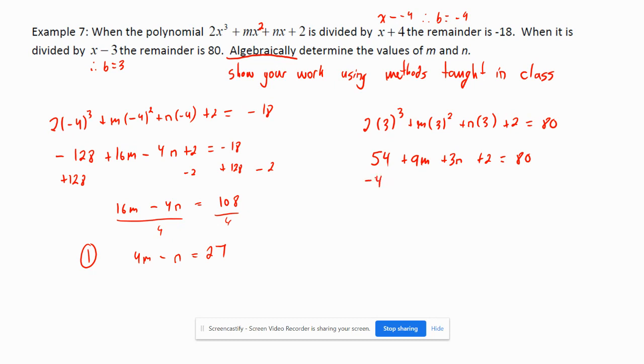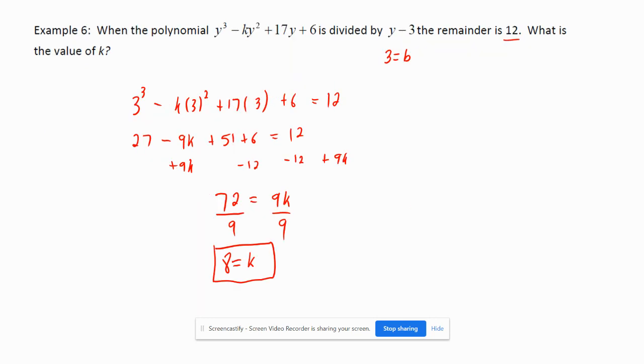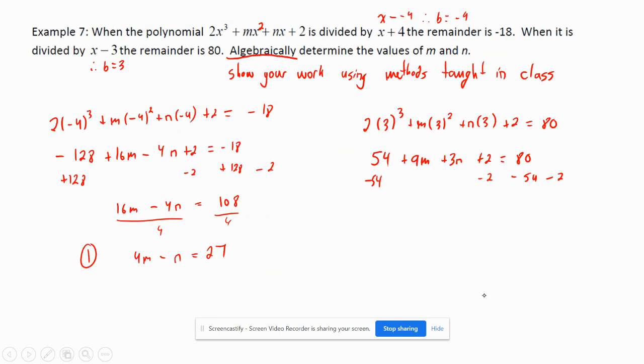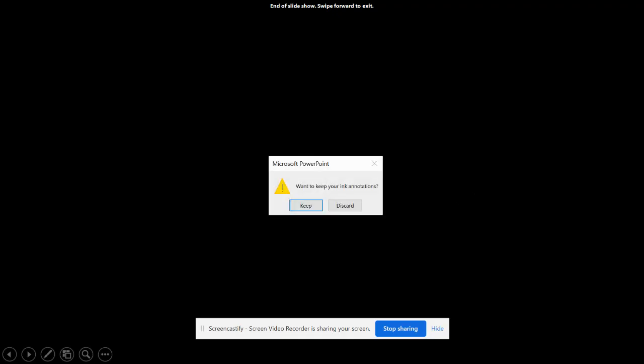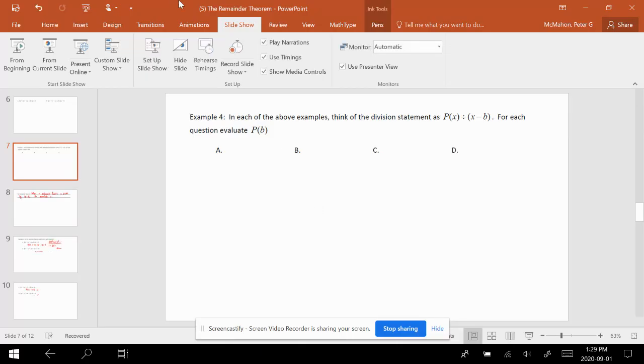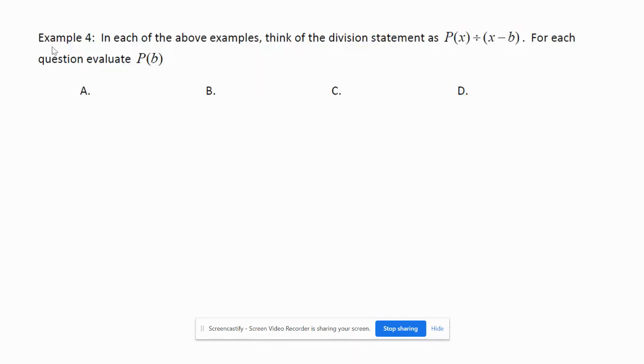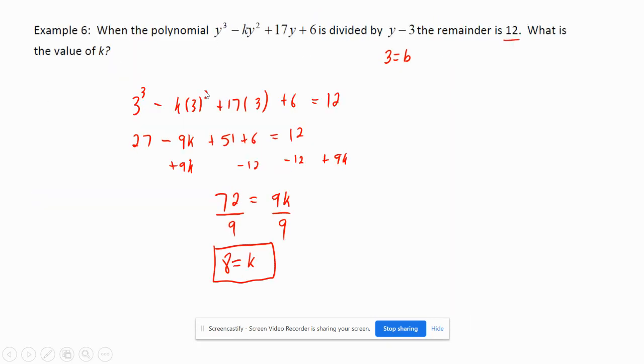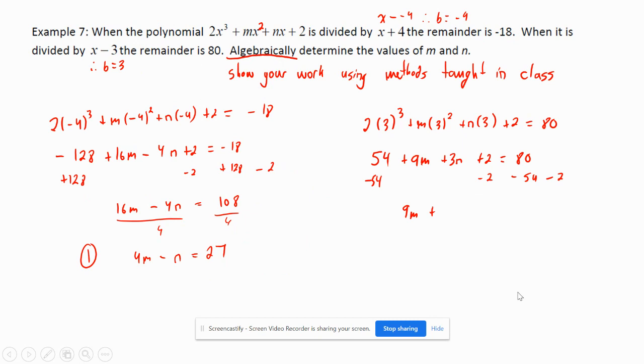Similar to what I did in the last question, I'm going to subtract 54 from both sides and subtract 2 from both sides. So we get 9m plus 3n. Guys, this is so frustrating.